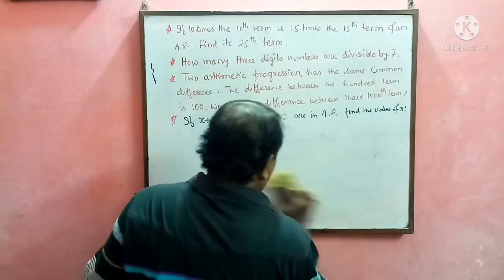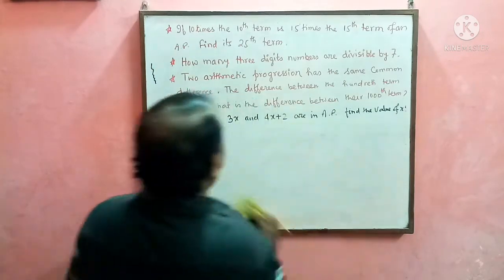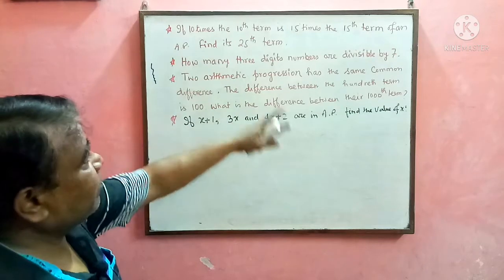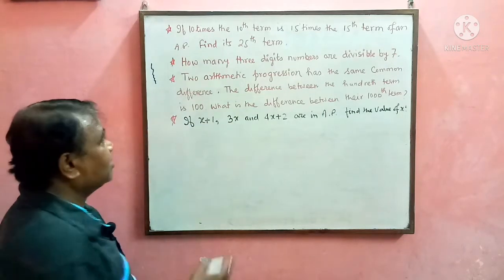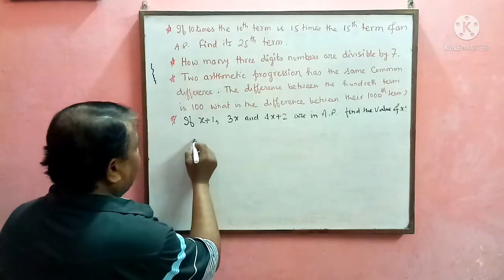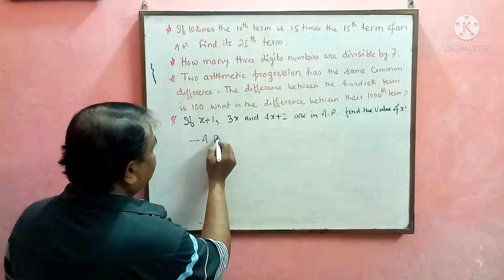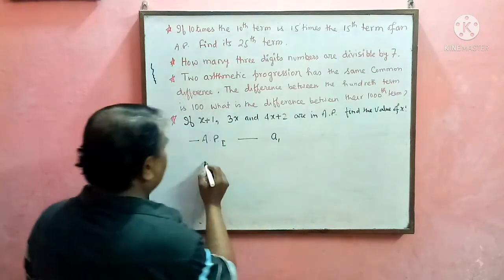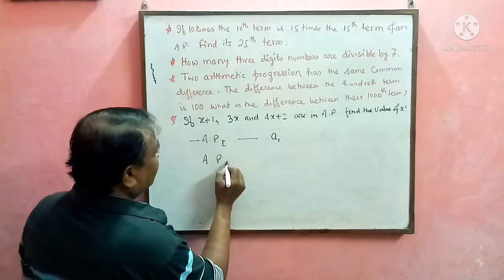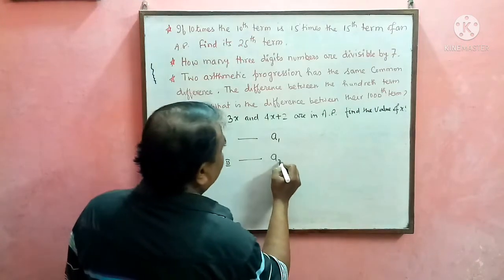Okay. Now the thing is that here two arithmetic progressions have the same common difference. Let one AP, first AP, have the first term A1, and the second AP have the first term A2.